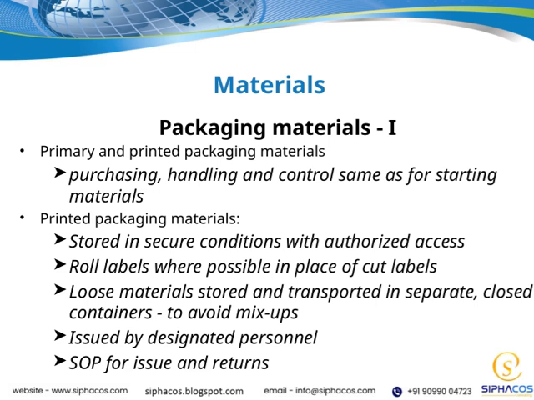Access to these materials should be restricted and issued only by designated personnel. And of course, we must have clear standard operating procedures, or SOPs, in place for issuing and returning these materials. All these measures are part of our overall quality control strategy to ensure packaging integrity, safety, and compliance throughout the manufacturing process.